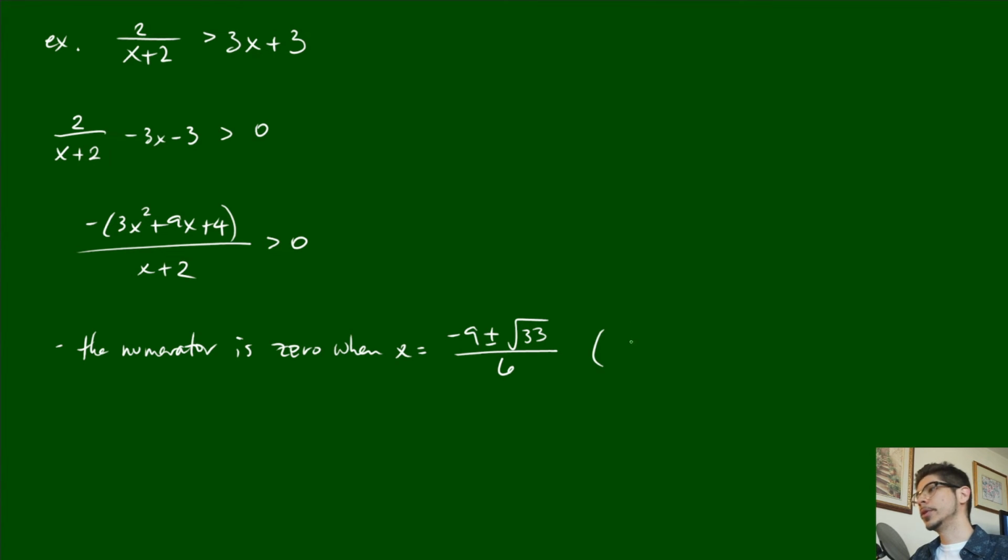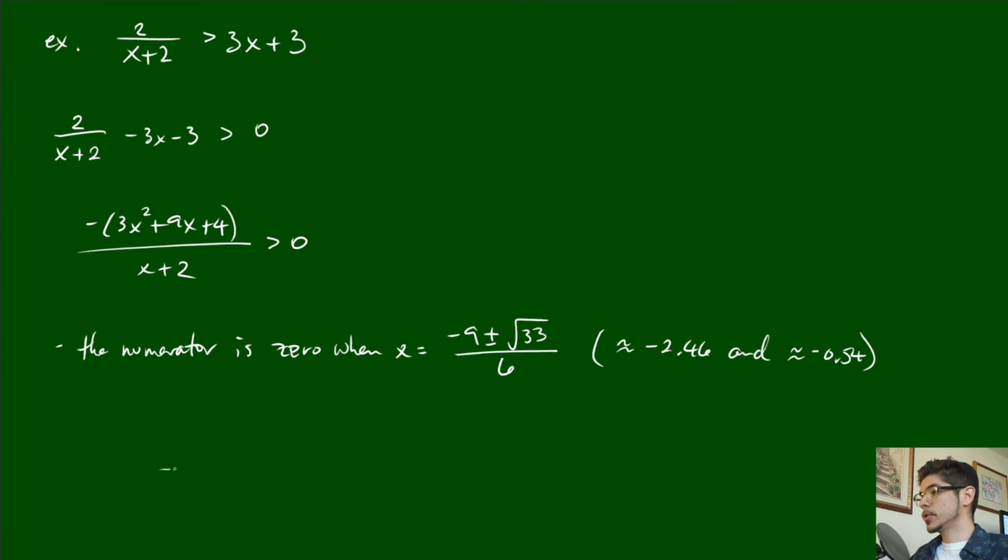These are going to be approximately negative 2.46 and approximately negative 0.54. Since the inequality uses a greater than symbol, and 0 greater than 0 is false, you're not going to include 0 in your split points, right? Because it doesn't satisfy the inequality. It's not part of your solution interval.